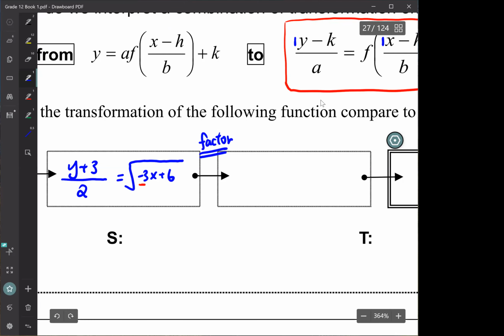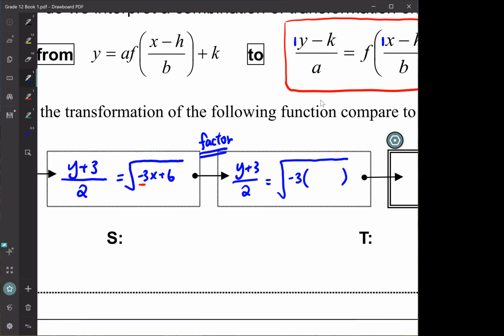Okay, please write that down. So y plus 3 over 2, we'll keep it there. Now for the -3, we will factor it out first. Okay, remember factoring, GCF, greatest common factor. So once you take out -3, what is left inside the bracket? William?